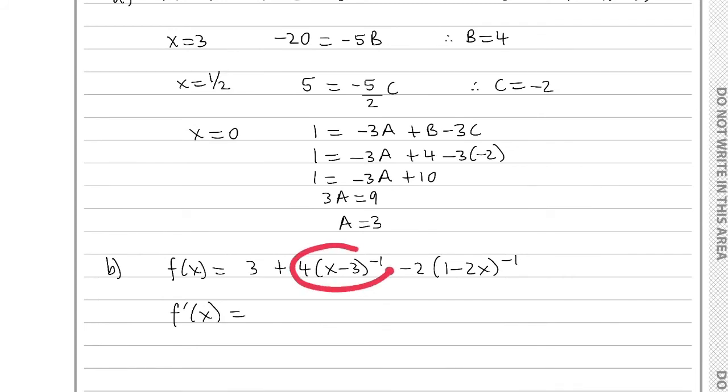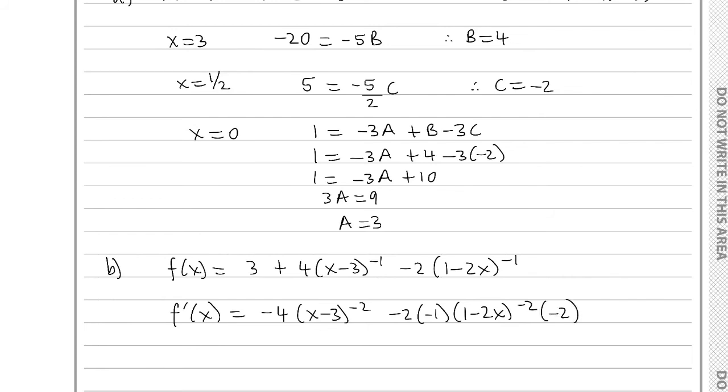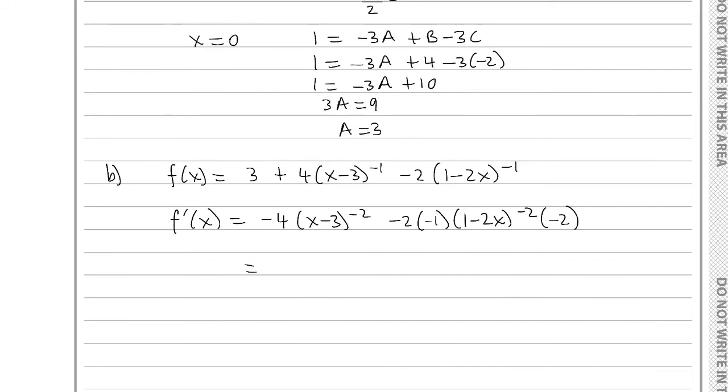For 4(x minus 3) to the minus 1, it's get the power down, deduct 1 from the power, times the derivative of the bracket, which is 1, and then minus 2, get the power down, deduct 1 from the power, times the derivative of the bracket, which is minus 2. This is minus 4 over (x minus 3) squared minus 4 over (1 minus 2x) squared.